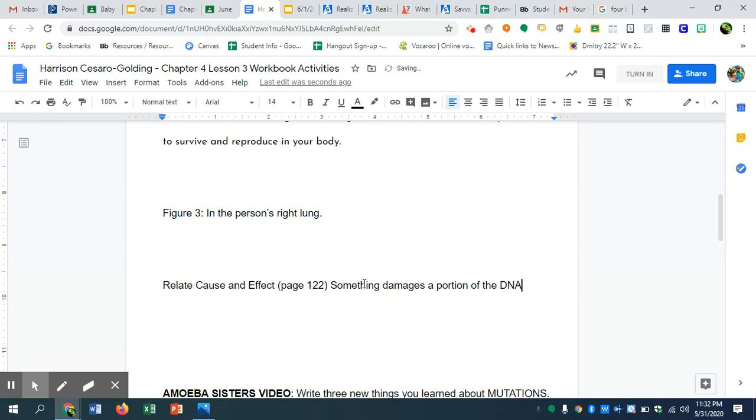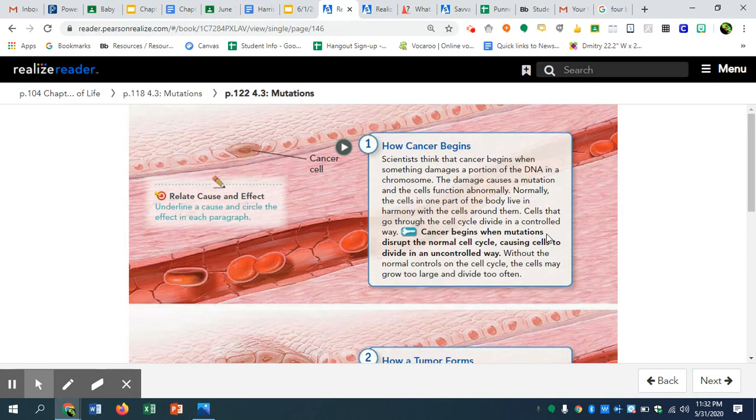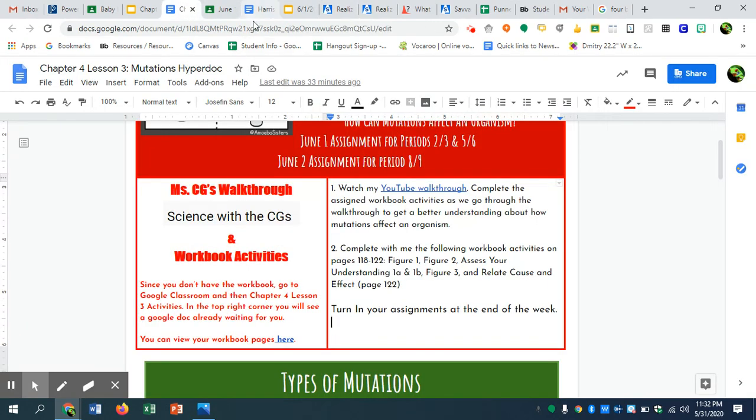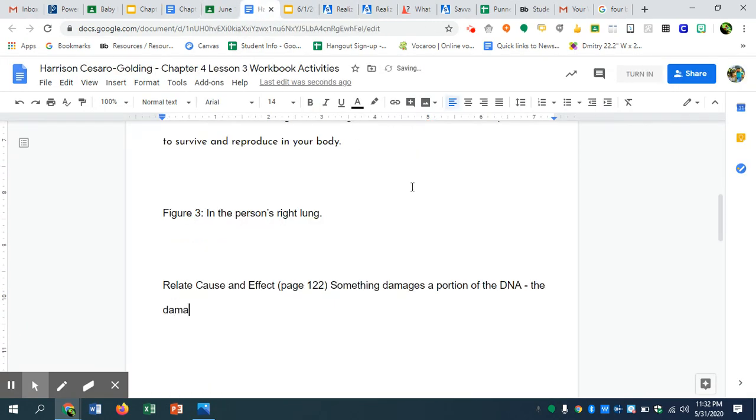Okay, that's good enough. The cause is damage to the DNA, and the effect is the damage causes a mutation. And let's go to the next paragraph.